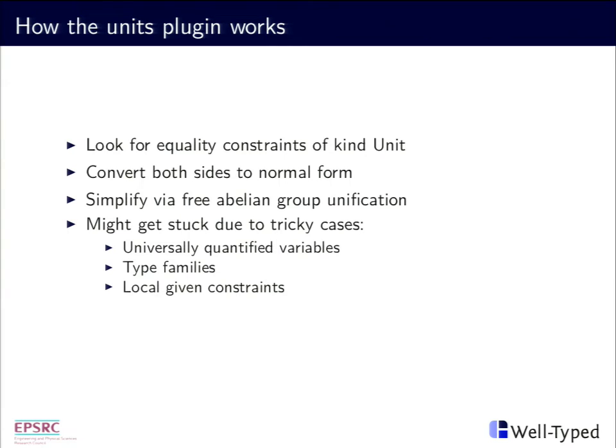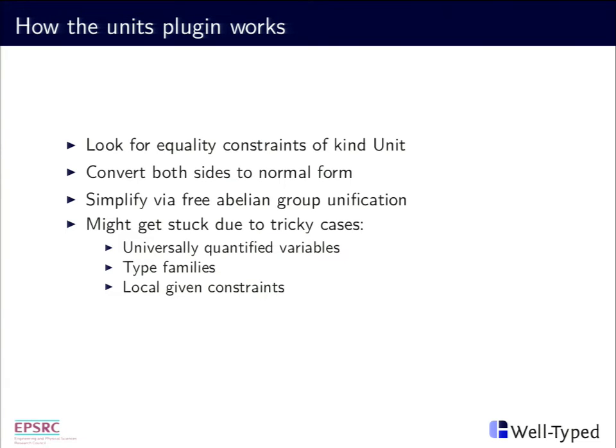In theory, that's all well and good, and in simple cases, free abelian group unification will just solve the unification variables that have arisen from type checking, and we'll know that the constraint is satisfied, and we're happy.